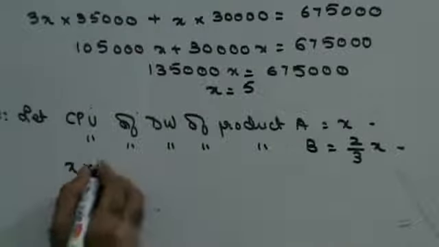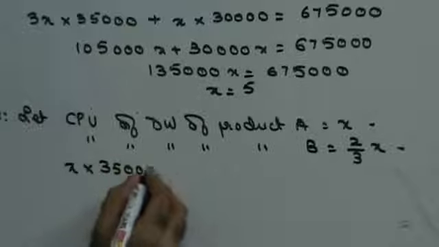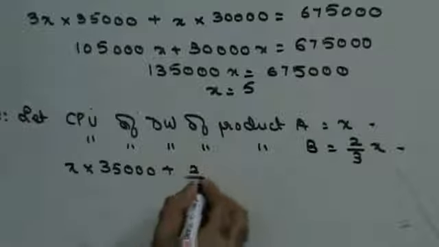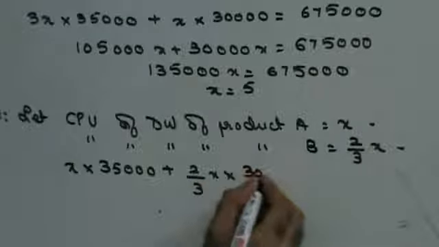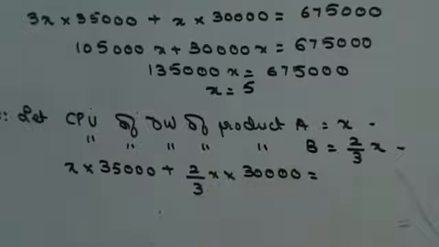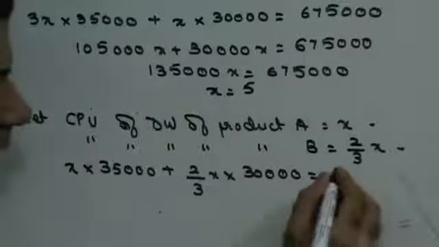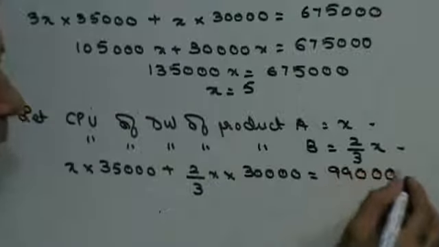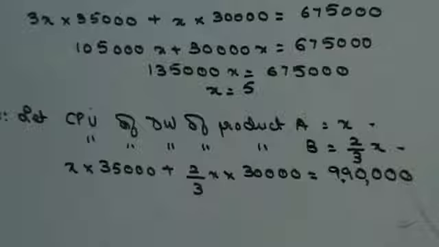CPU into units plus CPU into units will give you total cost. Total cost is given to you as 9,90,000.